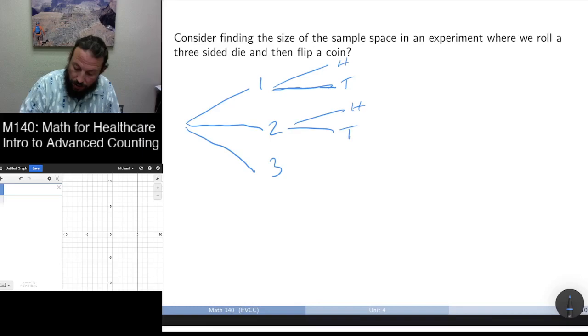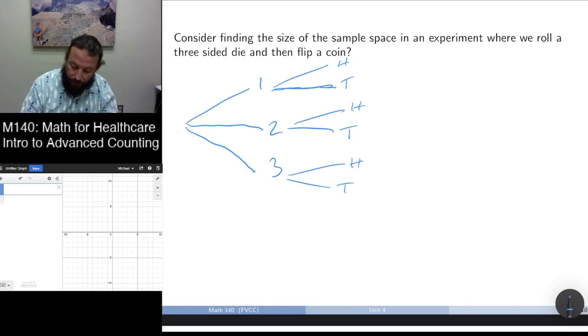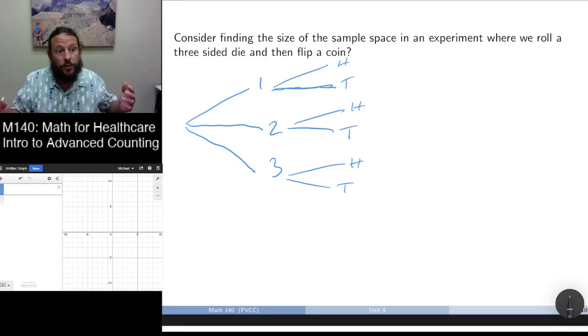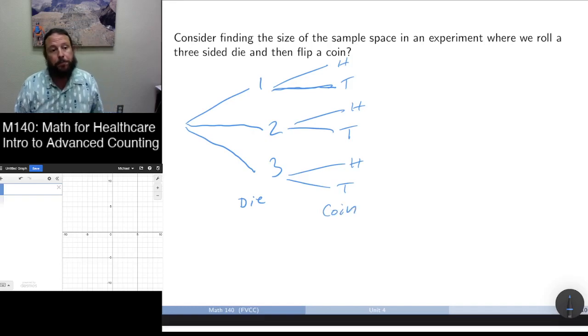Heads or tails. Heads or tails. And notice, the first process here is rolling our die, and by first, that's just labeling it that way, and then tossing our coin.